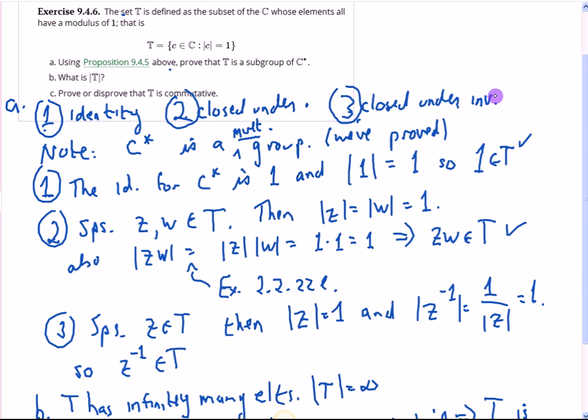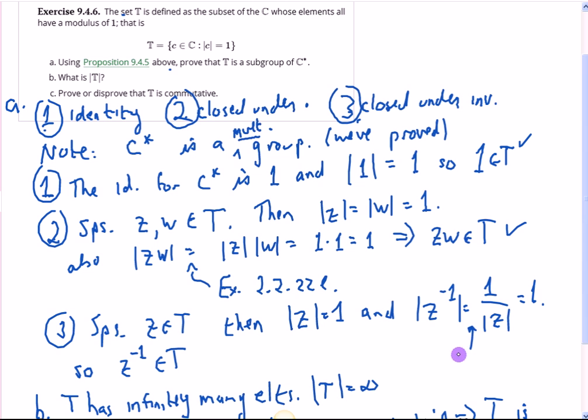Third condition, we need to show that it's closed under inverse. So let's take an arbitrary element z in T. That means that modulus of z is equal to 1. So what about the modulus of z inverse? Well, modulus of z inverse is 1 over modulus of z. This also comes from the same exercise 2.2.22. It's actually 2.2.22h. Let me see if I can write that here.